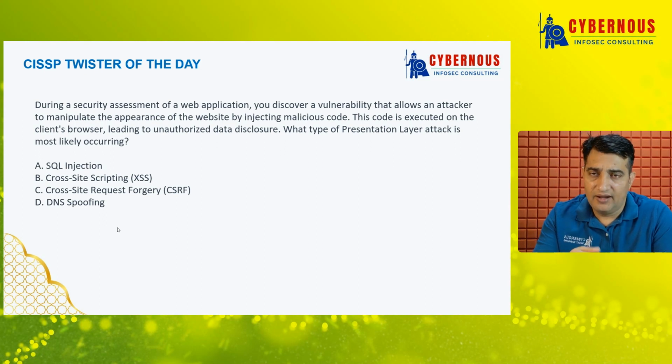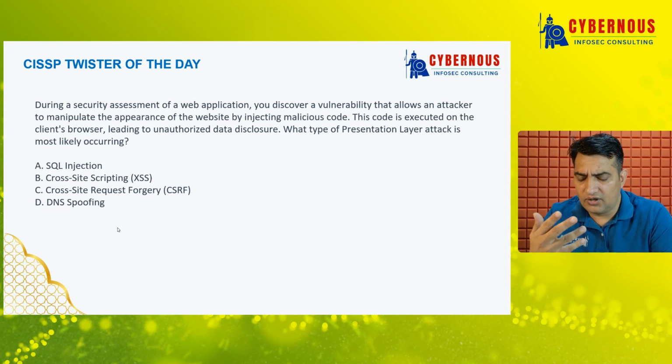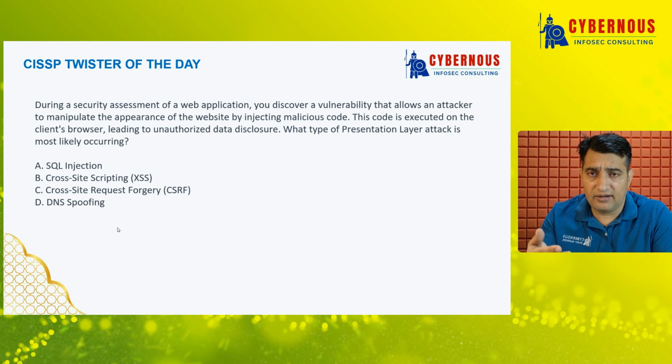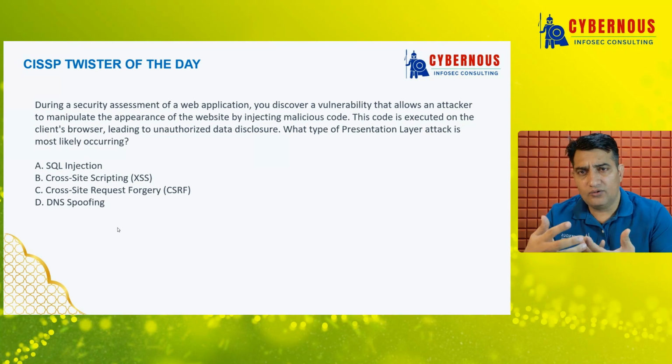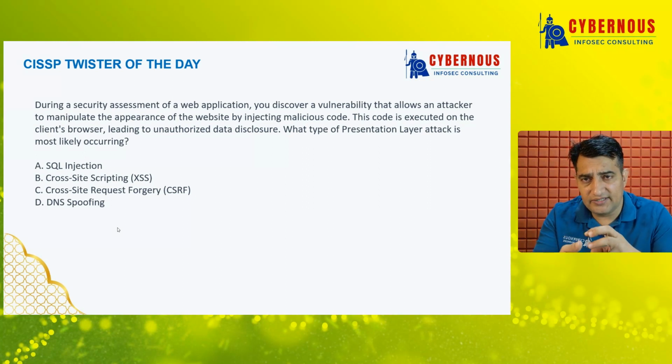What happens in a cross-site request forgery attack? Let's say you are opening your bank account online through net banking, and you have an active session with the bank. The attacker will either make a malicious website, or he may also inject some kind of malicious code on the legitimate website itself.